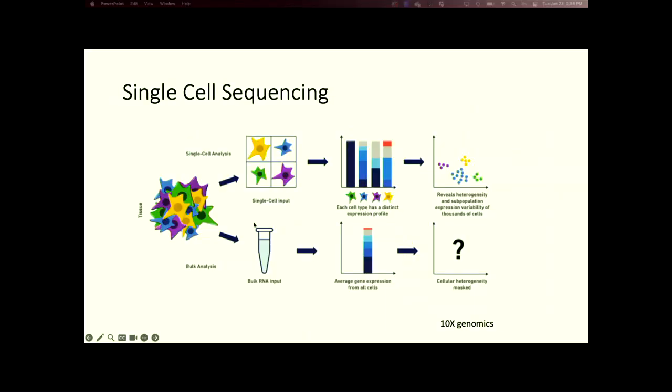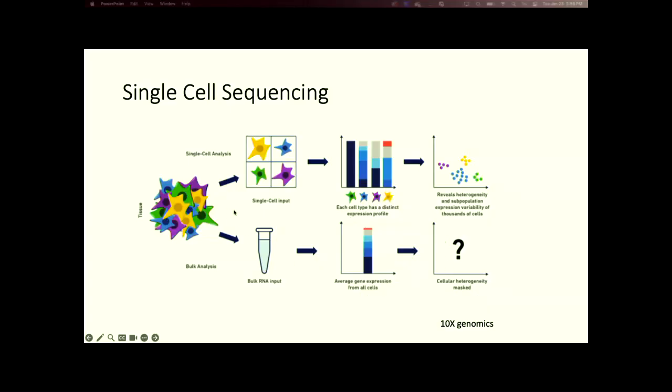So what happens in single-cell sequencing? We have our tissue, all of our cells, and so in RNA-seq, if we're looking at tumors in mice, we'll just take out the tumor, dissociate it, throw it in a blender, and then just get a gene expression value across all cell types. So we get this average gene expression across all cells, and we don't have a view into cell heterogeneity.